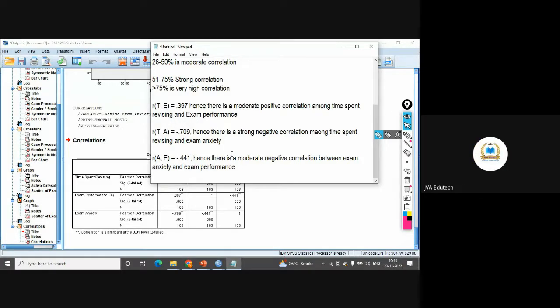So if you have to write the interpretation of all these three, you can write that as a student revises more, their anxiety decreases, and due to the decrease in anxiety, what is happening? The exam performance increases, because anxiety and exam performance are negatively correlated.